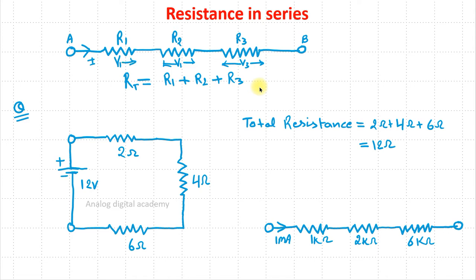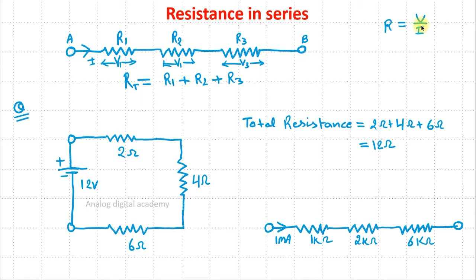This is the voltage across the resistance, and how will we calculate it? As per Ohm's law, R equals V upon I. So we have to calculate the voltage here.